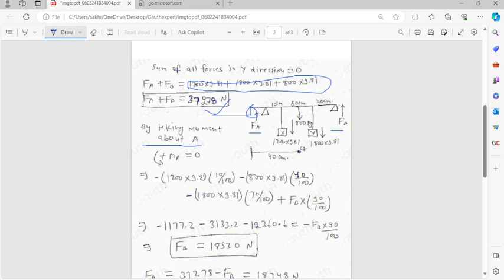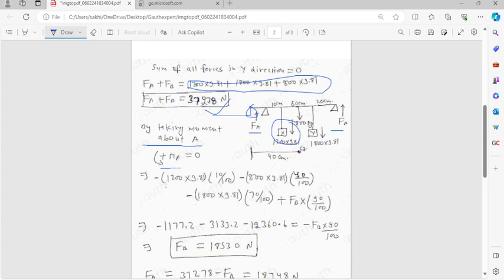For simplicity of this problem, we are taking the moment about A. We consider that the moment is negative in the case of downward forces, and for the upward forces the moment is positive.